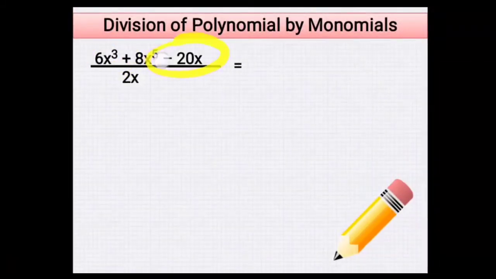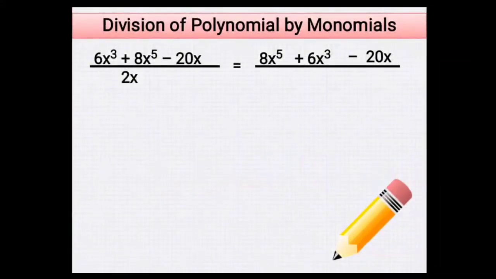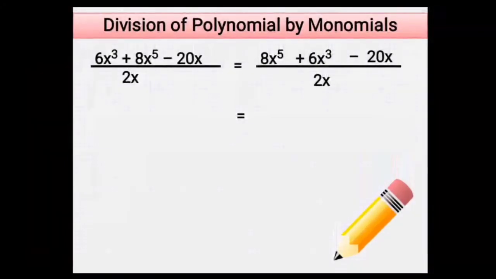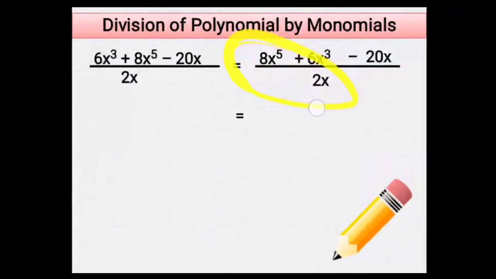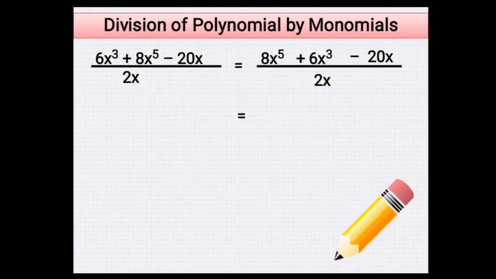After that is negative 20x. Okay? So let's arrange them. We have 8x to the 5th plus 6x cubed minus 20x, then divided by 2x. Since we can divide all the terms on the given denominator and we can divide the variable, let's divide them one by one.